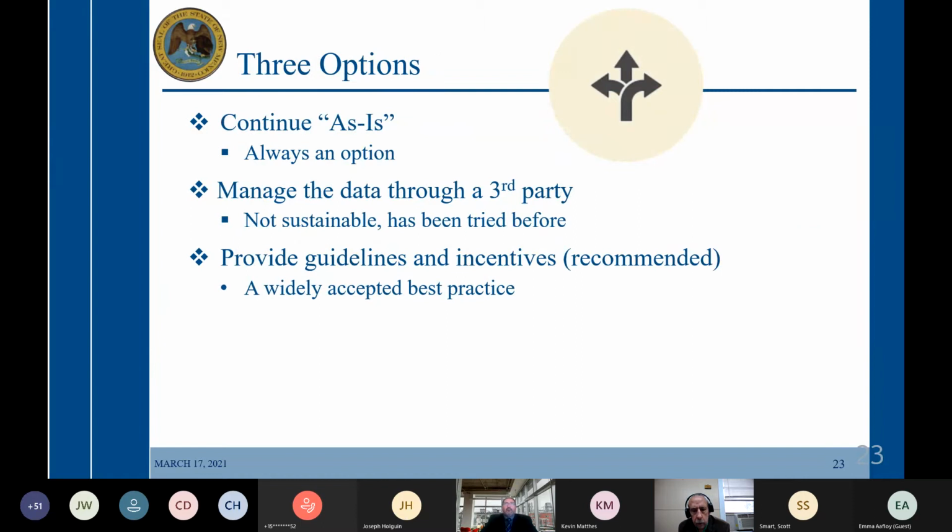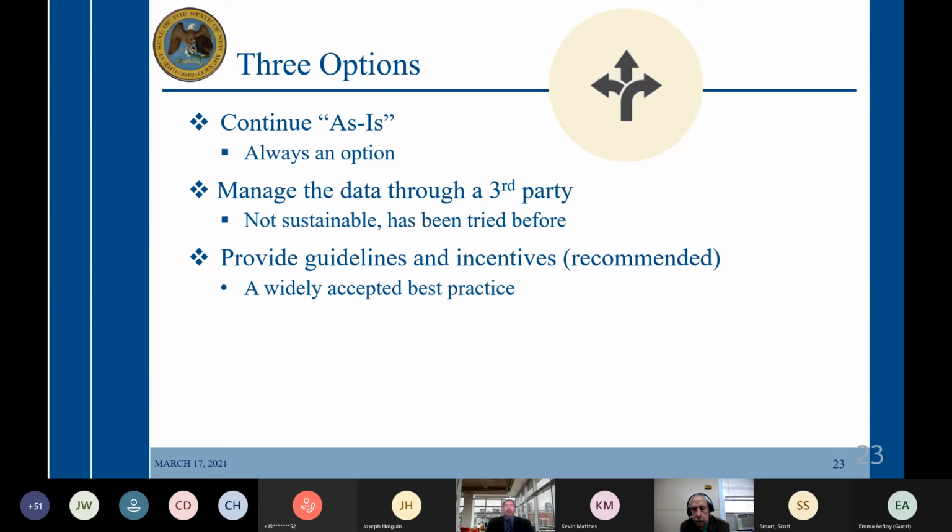So when you're asked to make a recommendation on something, obviously, the first one always is, well, just keep doing what you're doing. Continue as is. And like I pointed out, what the state of New Mexico is doing isn't working terribly poorly, despite everybody's desire to improve it. We also looked at, because there's been a lot of conversation about it, whether the data should be managed through a third party. And again, for those of you that were around in 2006, this is exactly what was tried.